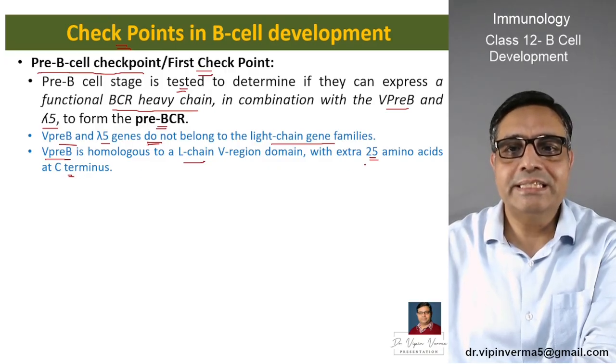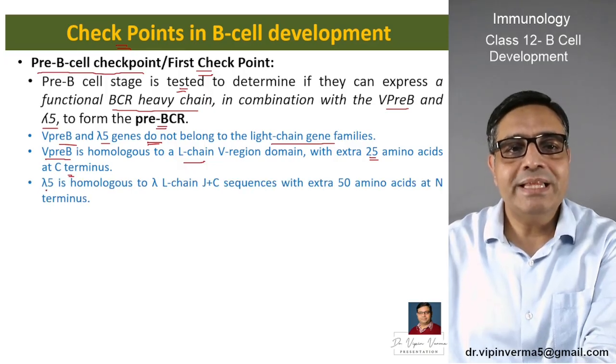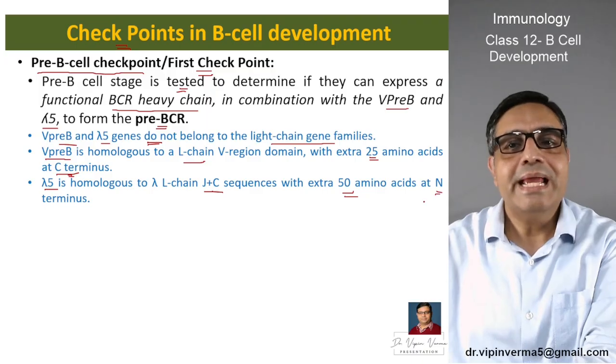The lambda 5 is homologous to lambda light chain J plus C sequences, which is J plus constant region sequences, with an extra 50 amino acids at the N terminus. So remember, in V pre-B there are 25 extra amino acids at the C terminus, while in lambda 5 there are 50 amino acids at the N terminus.